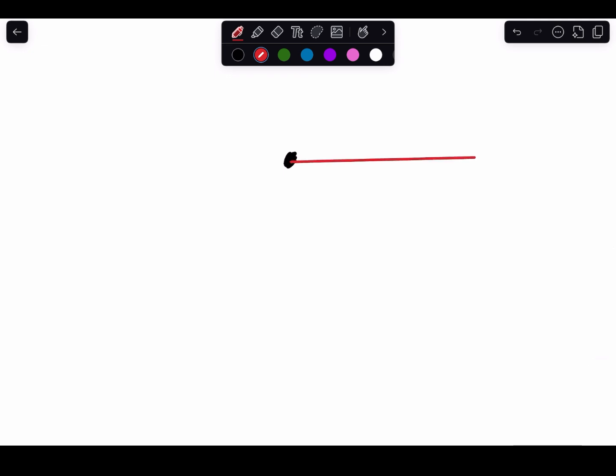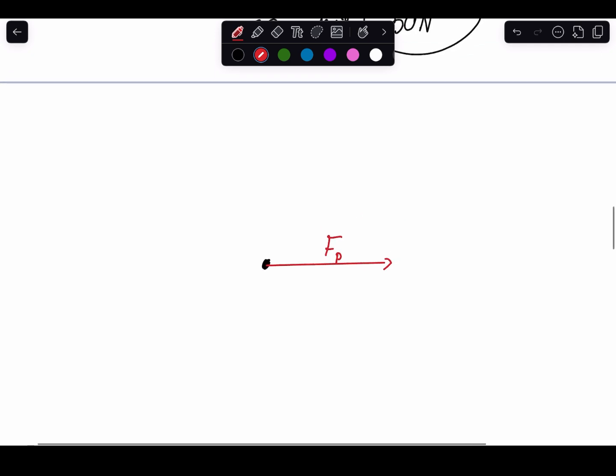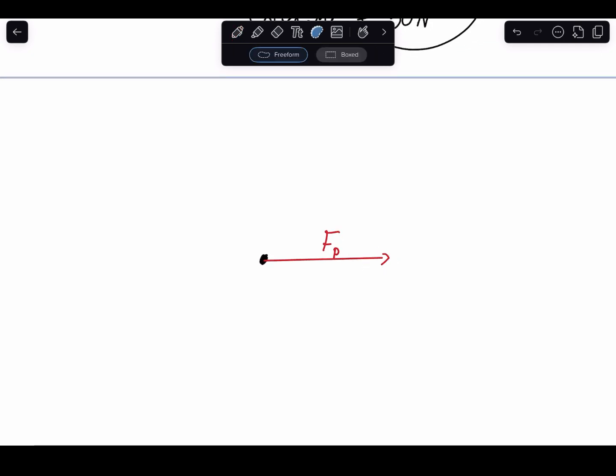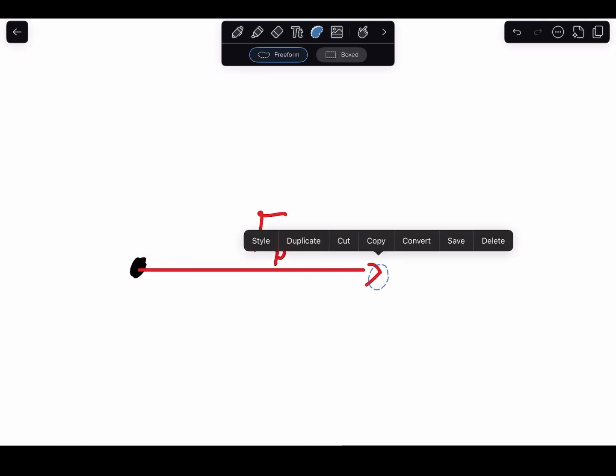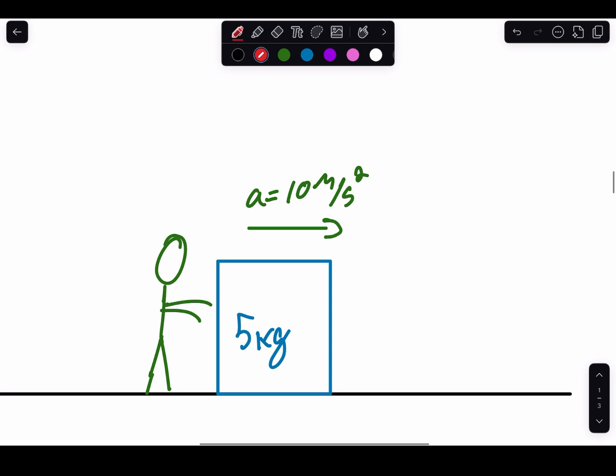We're going to draw an arrow for 50 newtons, and we're just going to call that force sub P, force of push. It doesn't matter exactly what we label it, as long as it's a force. And that force is entirely horizontal. This guy's pushing it directly to the right, his right, as we see by this arrow over here.